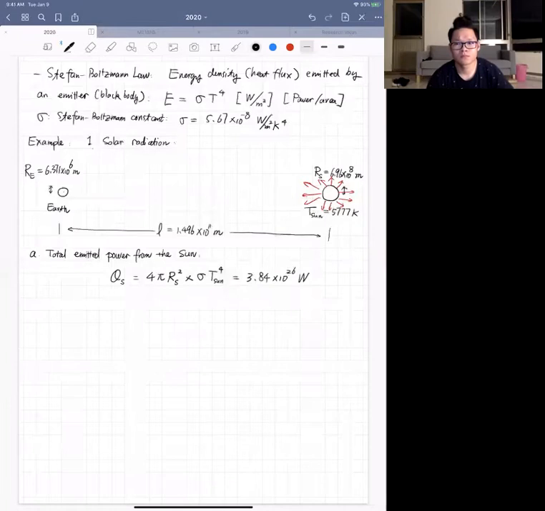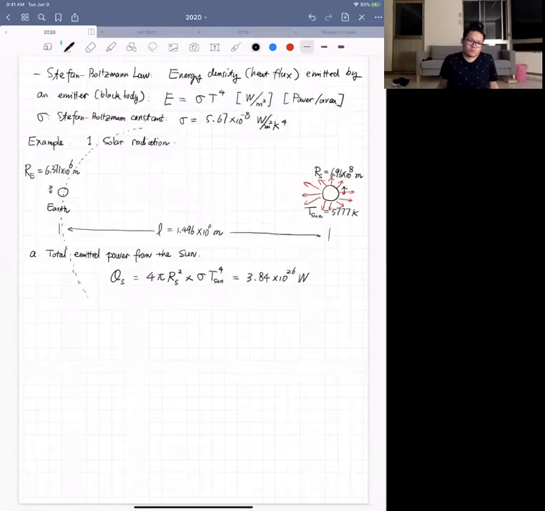So you can draw a very large spherical surface around the Sun. You can think of the energy emitted from the Sun as being uniformly distributed on this spherical shell. Because Earth only intersects a tiny fraction of this spherical shell, the Earth would only receive a very low power density from the Sun.